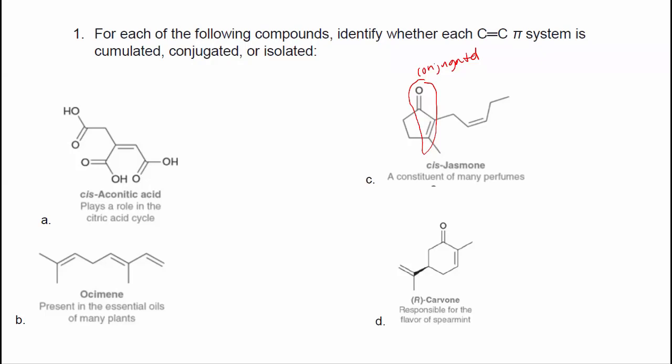What kind of alkenes do you see there? This one right here is conjugated. And if you're looking at this one all by itself and any other dienes, this is isolated.